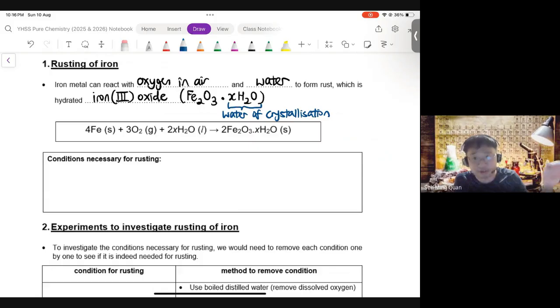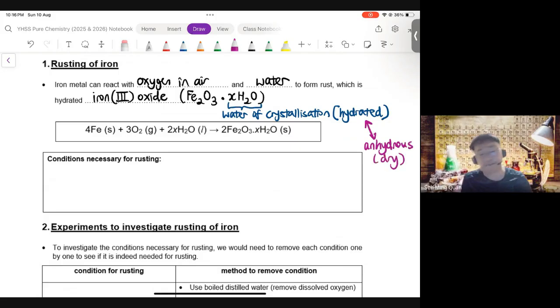That means it can be a different number of water of crystallization depending on how humid the air is. Now, the water of crystallization tells you this is hydrated. Okay, so what is the opposite of hydrated? The opposite of hydrated is anhydrous. Anhydrous means dry. Okay, now shown there is the equation for rusting. Don't worry about the equation, all right? I'm just demonstrating to you.